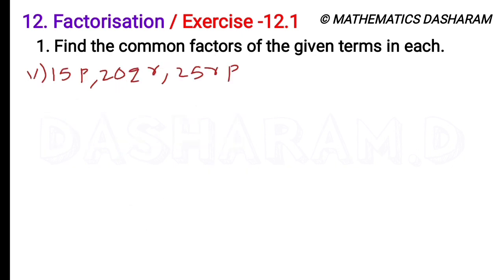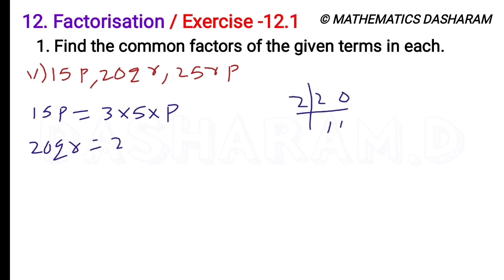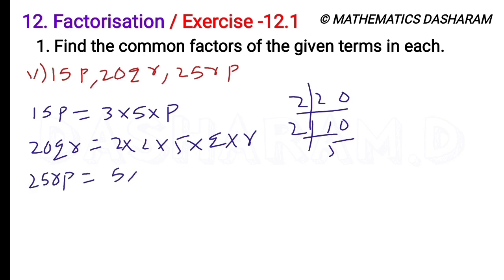Next, the fifth question. Here also a total of 3 terms. So 15p. Doing factorization means product of the prime numbers. So 15 factorization is 3 5s are 15, into p. Next, 20qr: here 20, 2 table, 2 tens are, 2 5s are, so 2 into 5 into q into r. Next, 25rp equals 5 into 5 into r into p.